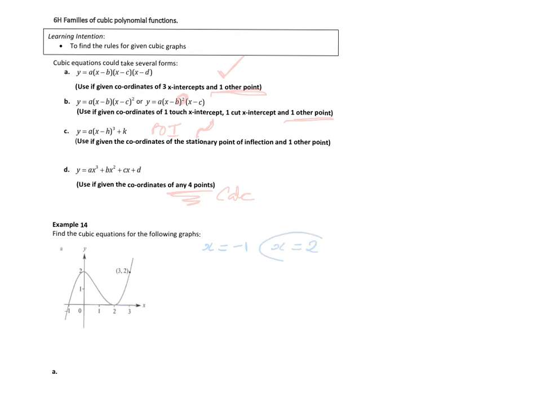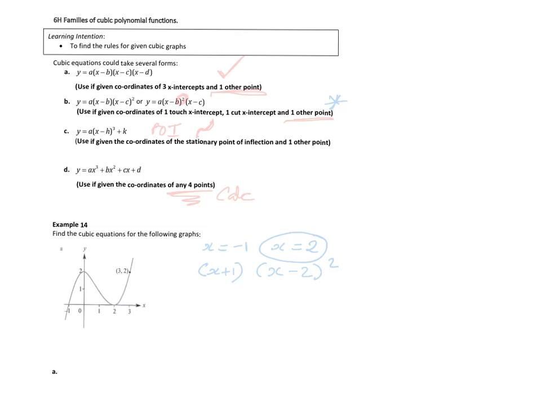Now this one here is touching the x-axis, which means it's going to be a squared factor. So far you've got x plus 1 and you have x minus 2 all squared. I would suggest that then this would be the best format to use.